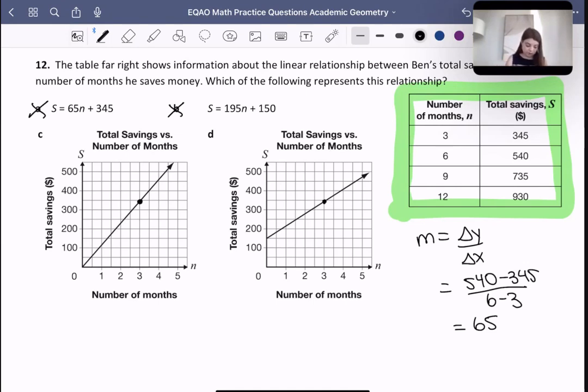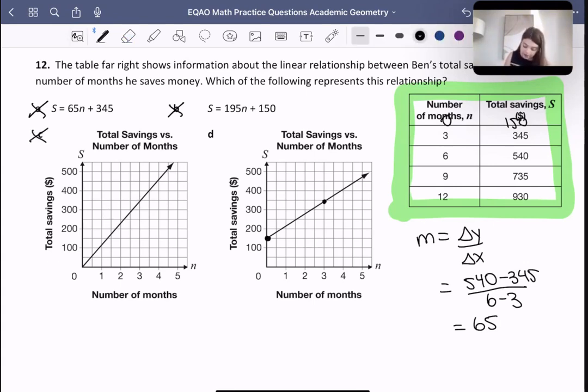So we would do 345 minus 65 times 3, which will get us down to 150. So that means another point on here would be after 0 months, it's $150 of total savings, or in other words, our initial savings would be $150. And this graph shows that here, and this other graph, C, does not show that.